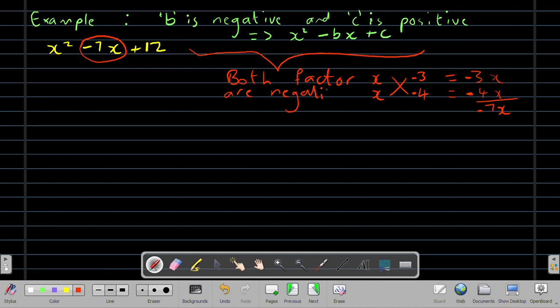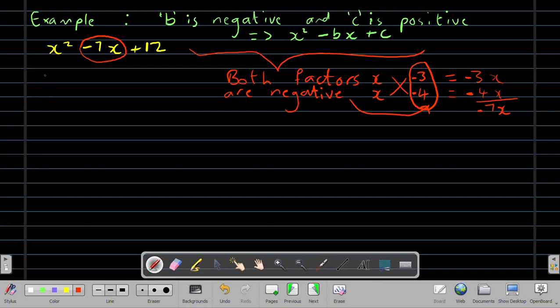This really doesn't change ever, but you have to be careful with the order. B has to be negative and C has to be positive. If that's the case, both factors are negative, as we can see here, right? Both of these factors right here are negative.